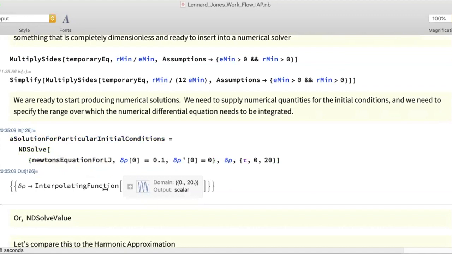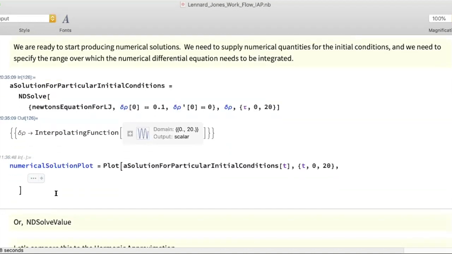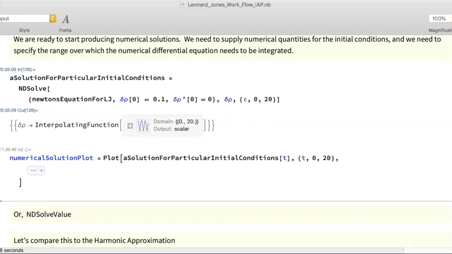It's fairly fast. And I'm going to show you how to go ahead and use this. Okay, so I'm going to make a plot. I'm going to go back and use ndsolve value with this, so I don't have to do the replacement.